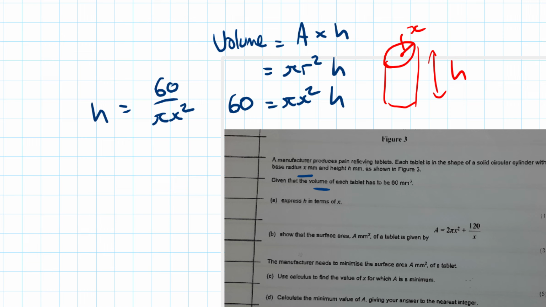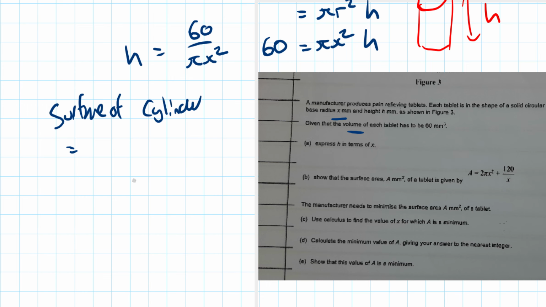For number 2, show that the surface area of a tablet is given by 2 pi x squared plus 120 over x. For this one, we need to find the surface area of the sphere, sorry, the cylinder. The surface area is essentially the area of each of the shapes.